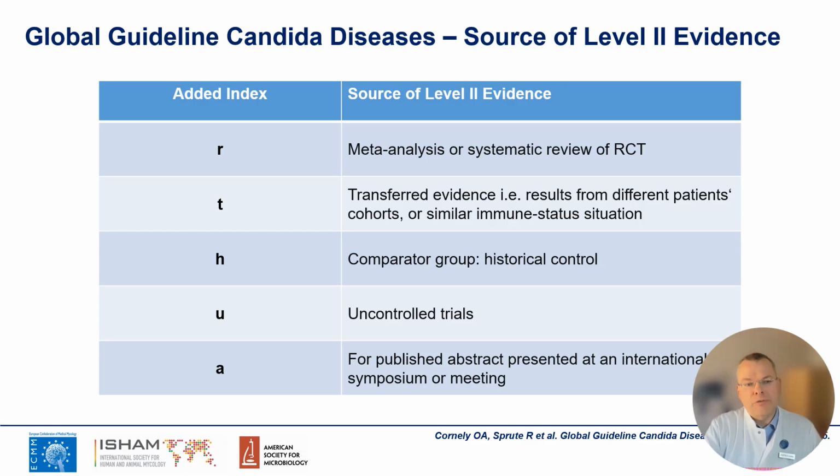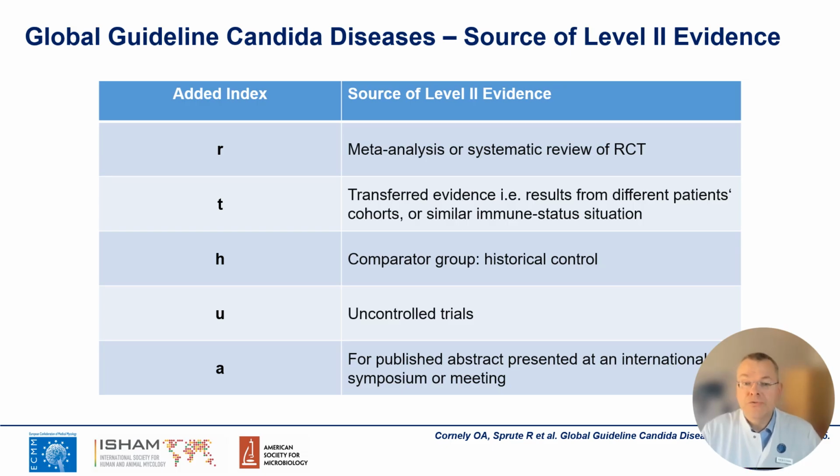That is why we give it a T. So wherever there is a 2T, we know we actually still need a randomized clinical trial in the appropriate population. You may have a randomized trial in hematology, but not in solid organ transplant. So you derive from the one study and transfer evidence to the other population. So that's where it's a T.